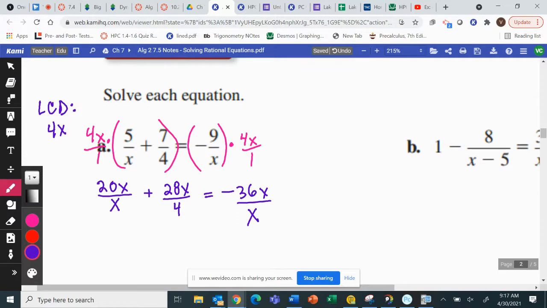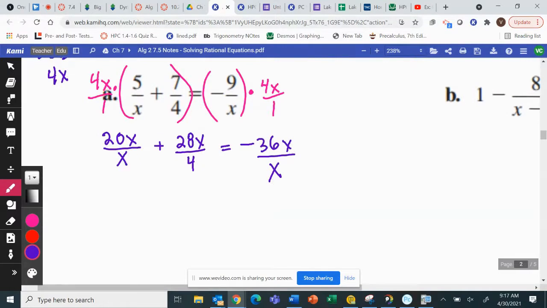So I multiplied every part of it by 4x over 1. None of the denominators changed, only the numerators changed. I'm allowed to do that because it's an equal sign, as long as I do it to both sides. I'm not allowed to do that with anything we were doing in the past.